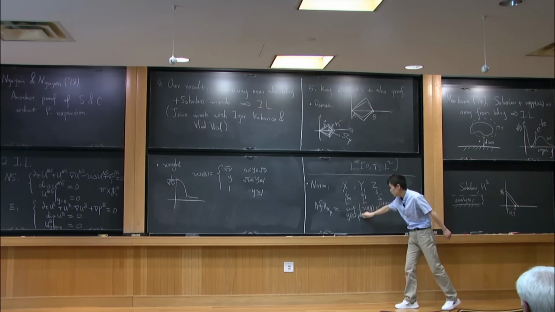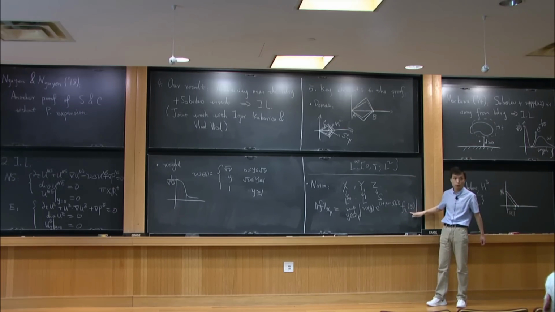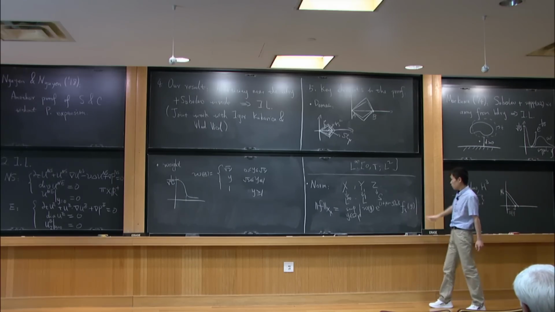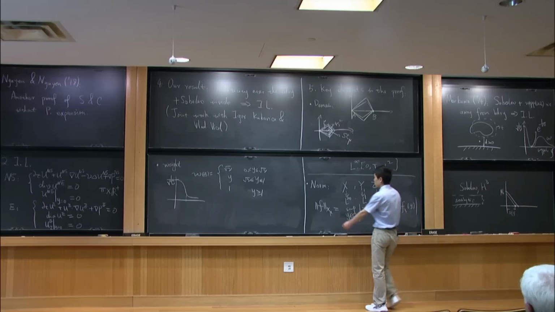Here f c means that we take the Fourier transform in the x variable. That's the x mu norm.